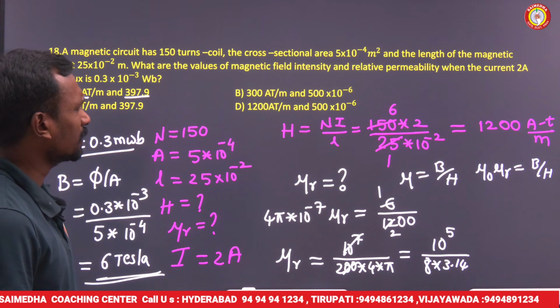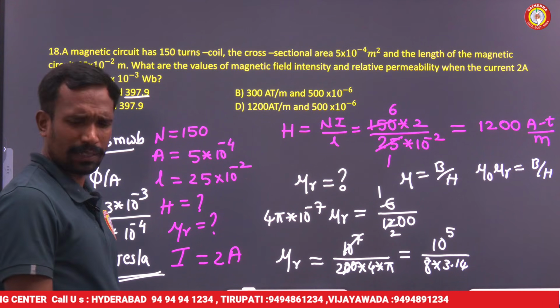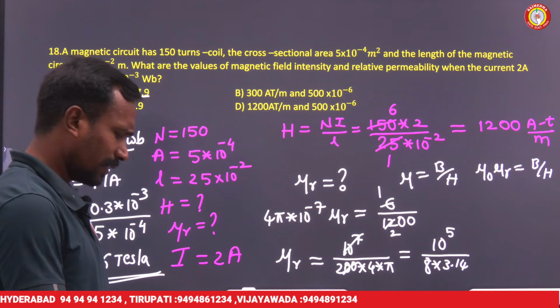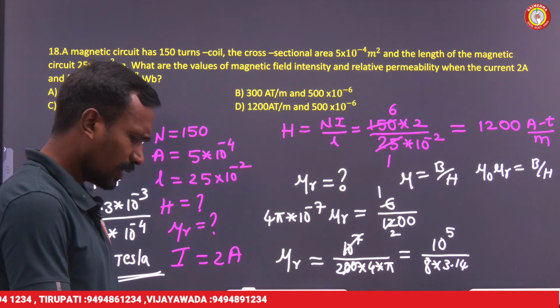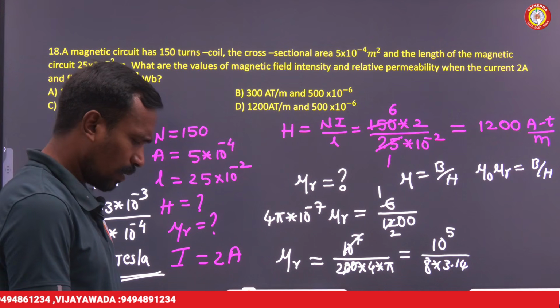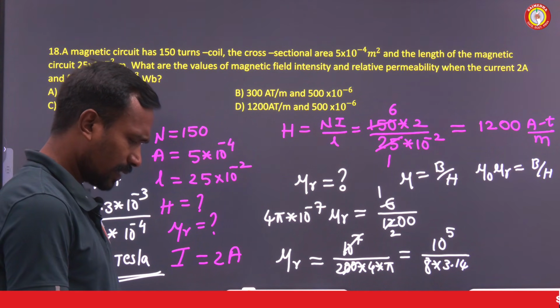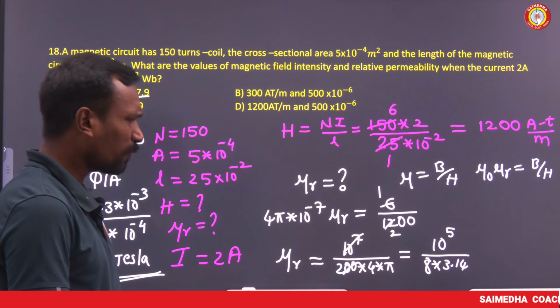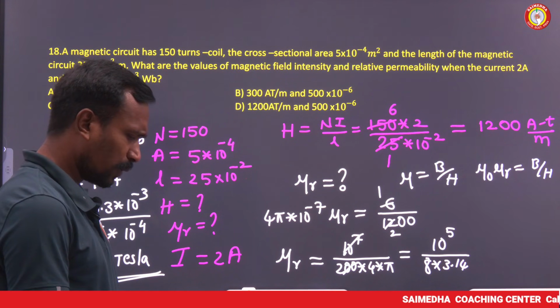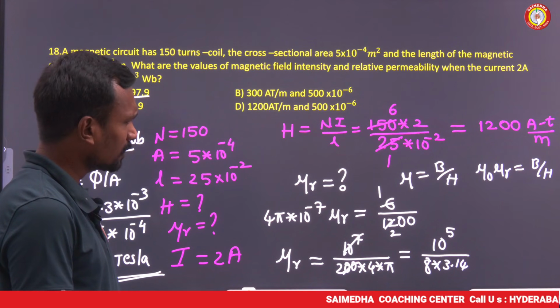Now can you tell me what is the answer? 10 to the power of 5 divided by 8 into 3.14. Let me calculate here. 1 divided by 8 into pi is 0.04. Can you calculate the answer?